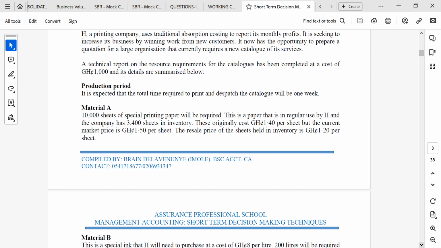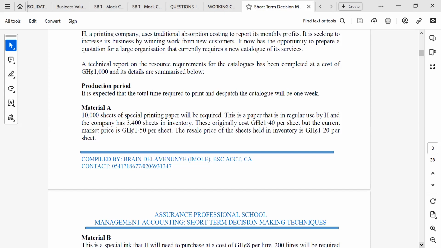So what they are saying is that the cost at which they purchased this some time ago is 1.4. But if you want to replace it right now, the current market price is 1.5. But if you want to sell it, the resale price of the sheet held in inventory is 1.2. This particular inventory is in regular use.